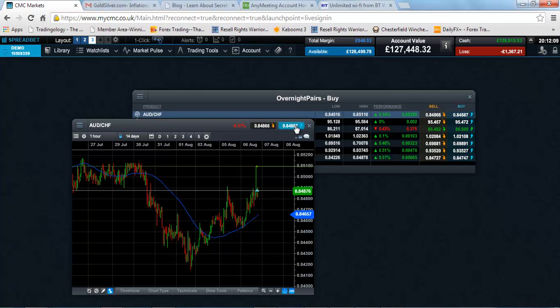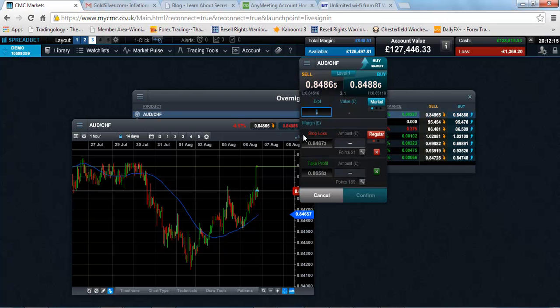So this is the buy sign. If you are buying, you just click on this blue arrow here. A little window will pop up for you, and inside the window we put in 1, isn't it? And then we click on enter, and then on the stop loss we put 250, and then enter.